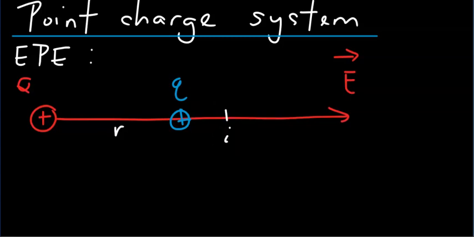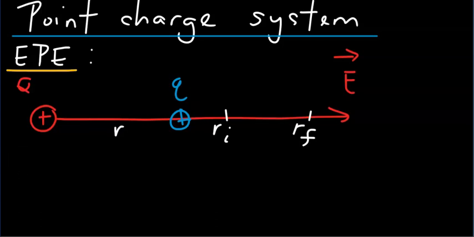Let's say in doing so, it moves from the initial point I to the final point F. Let's assume the coordinate of the initial point is Ri, the coordinate of the final point is Rf. We want to determine the electric potential energy for such a system, for such a point charge system.